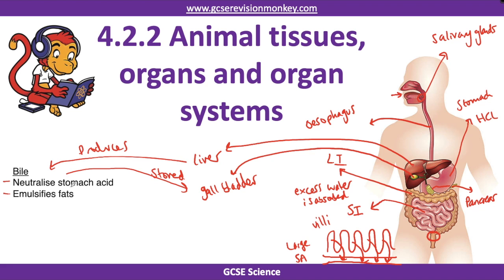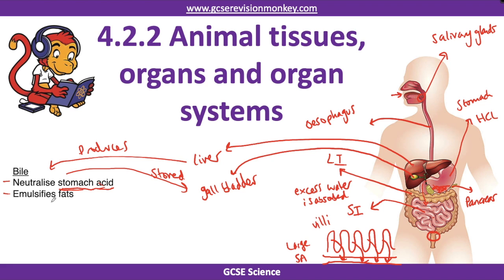It neutralises stomach acid, and this has a link to enzymes because when the food goes into the stomach, it goes into this acid and is covered in acid. As it moves into the small intestine, you do not want that acid going with it because the enzymes in the small intestine really like an alkaline environment. So that bile neutralises the stomach acid, which helps with that enzyme activity in the small intestine.